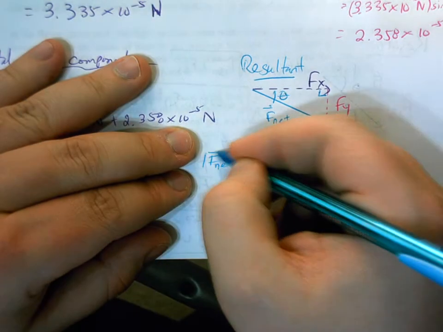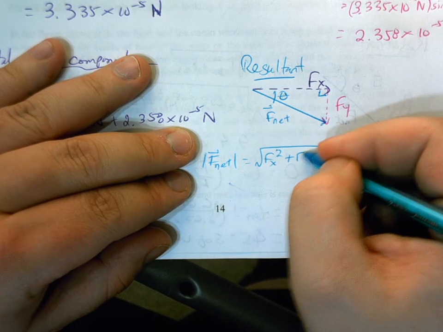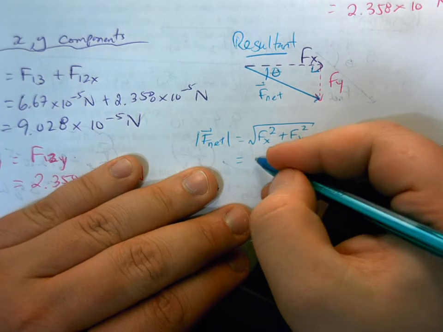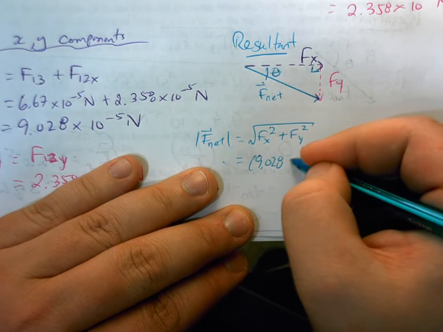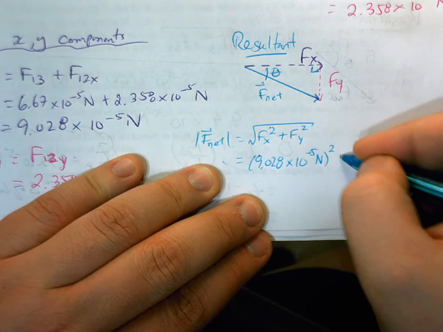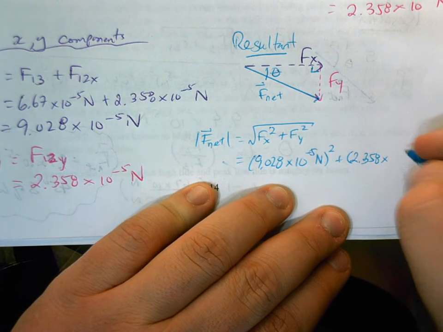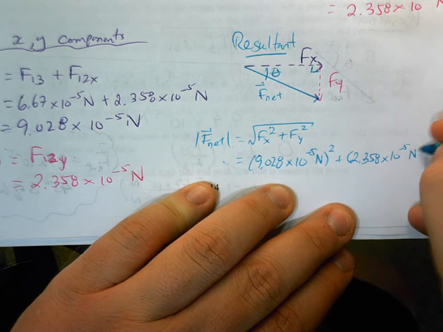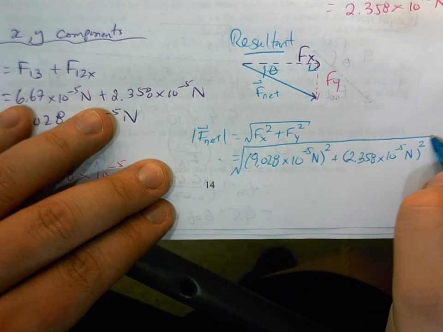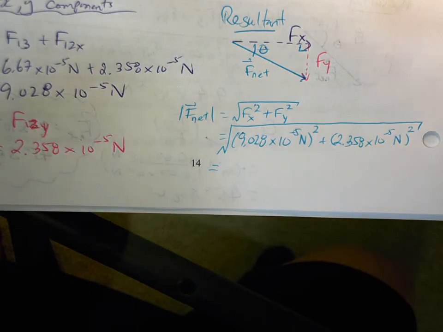So the magnitude we know is just going to be Pythagorean. So we've got Fx squared plus Fy squared. So we get that 9.028 times 10 to the minus 5 newtons squared plus this 2.358 times 10 to the minus 5 newtons squared. So we're going to square root all that, and we're going to get a magnitude.